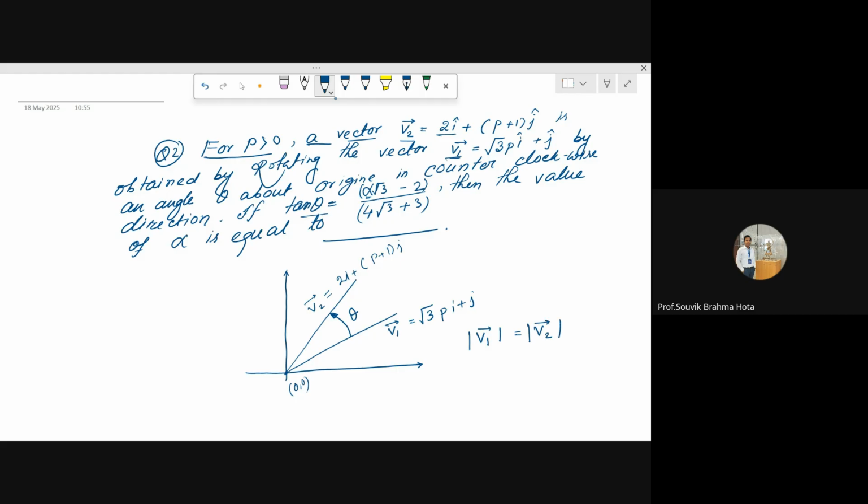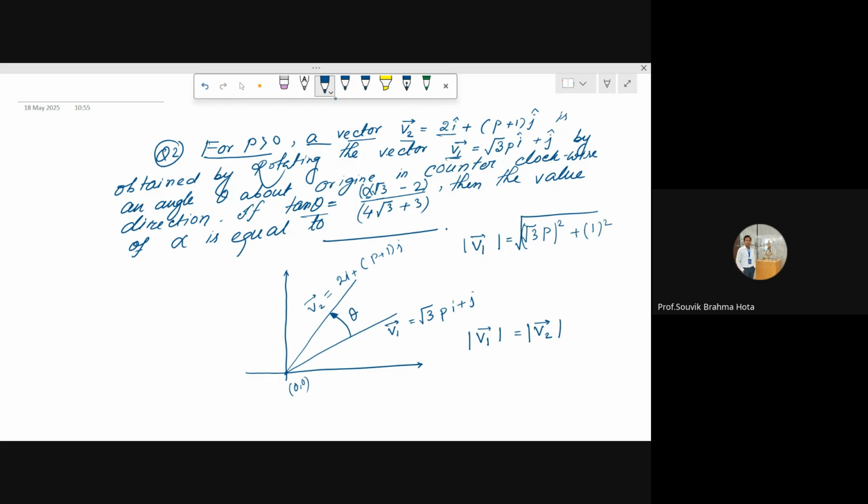So what does modulus mean? For any vector, if you want the magnitude, you take the modulus. For v1, modulus means square root of (root 3 p) whole square plus 1 whole square. Why?